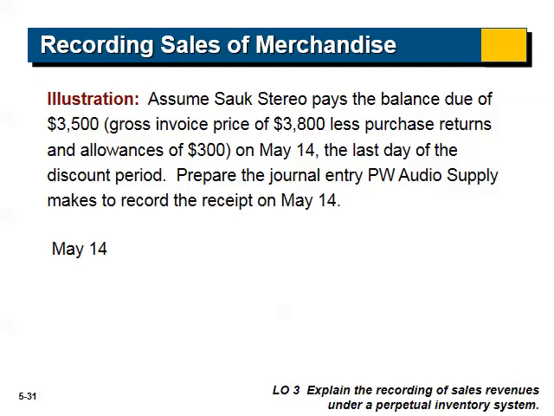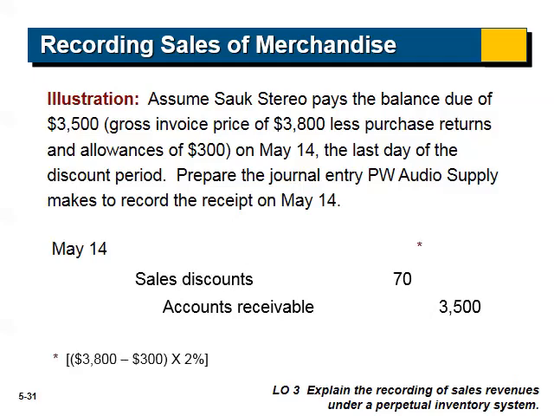They paid during the discount period. Now we're on the seller side, and so we're going to have, in essence, the same journal entry that we had, but kind of upside down, if you will. Instead of accounts payable, we have accounts receivable. And we have created an account called sales discount here to record the amount of discount that you gave.